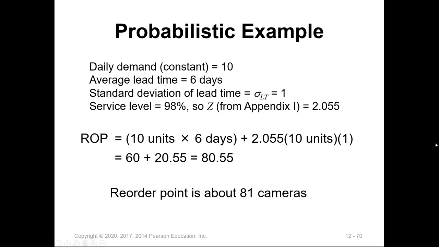For example, if the daily demand is constant and equal to 10, average lead time is 6 days, standard deviation of lead time, sigma LT, is equal to 1. The service level equals 98%, so Z from Appendix I is equal to 2.055. Substituting the values into the reorder point formula, we will get 80.55, or round it up to 81 cameras in this situation.